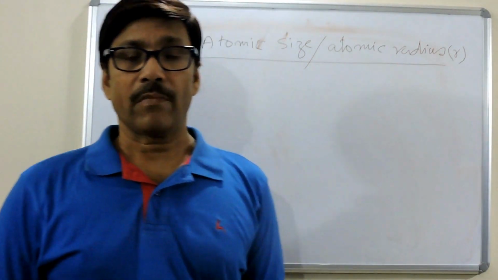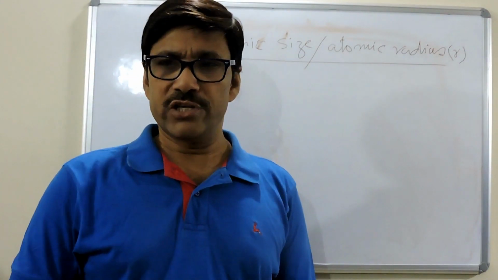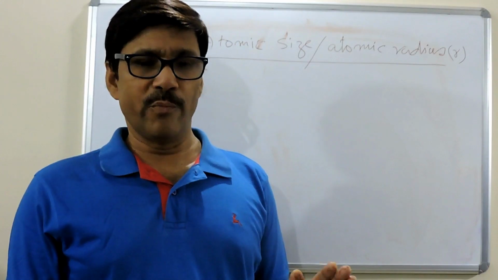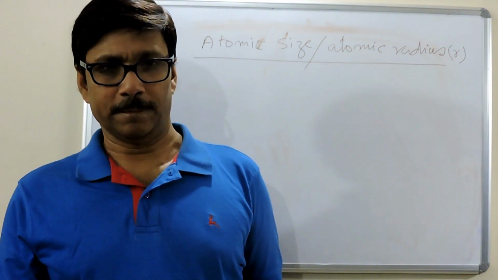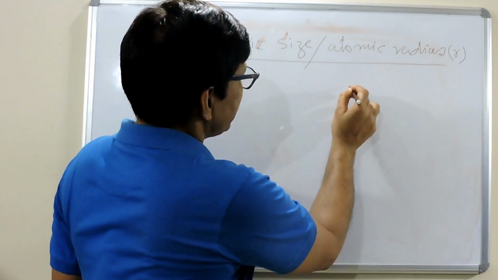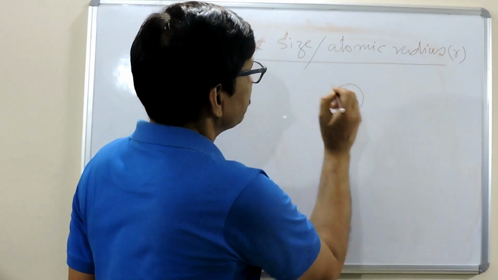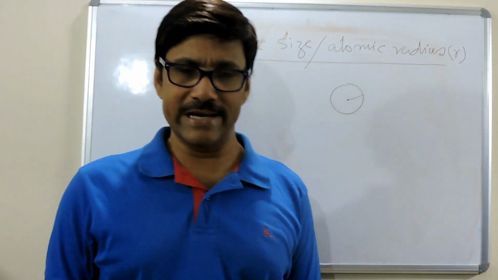Now, atoms are spherical. If atoms are spherical, then the size of an atom would mean the radius of that sphere. So it is very easy to understand that if atoms are spherical in shape, then whatever be the radius of this sphere, that will become the atomic size.